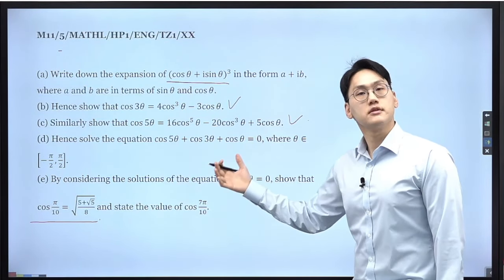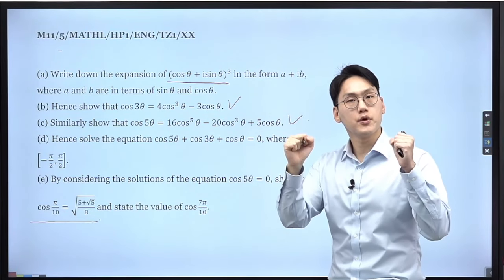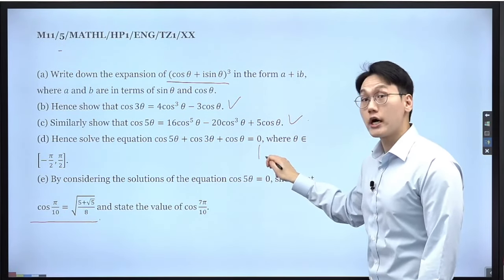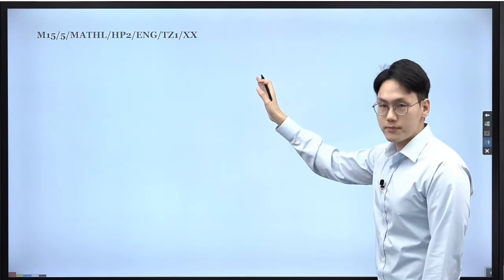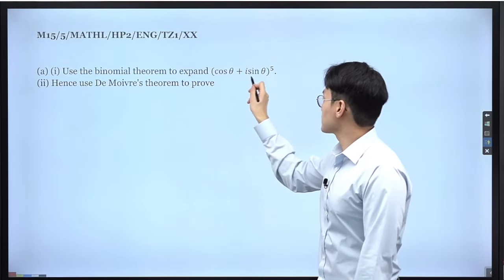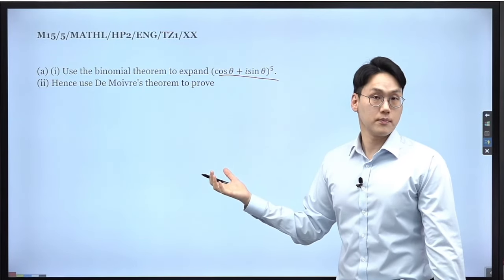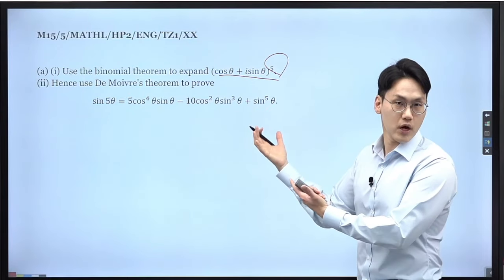This sort of exam question that compares De Moivre's theorem with the binomial expansion and derives a quadratic form has been quite popular since. Another exam question from May 2015 has the expansion of cis, the modulus argument form, with the power of 5, and using De Moivre's theorem you have to derive this form.